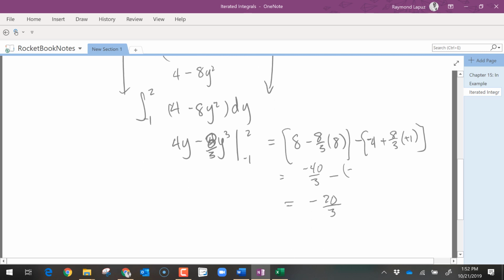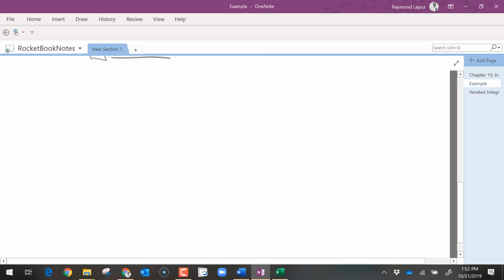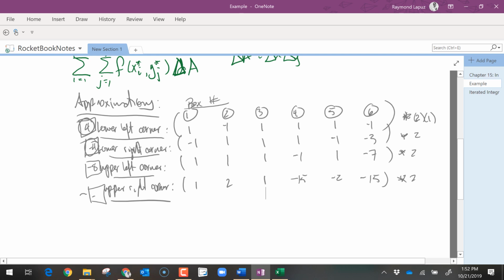So what's this approximately equal to? Like 6 point something, 7 point something? So 6 point something, 6.7-ish. Our approximations were pretty far off. Again, because our approximations relied on really big chunks.